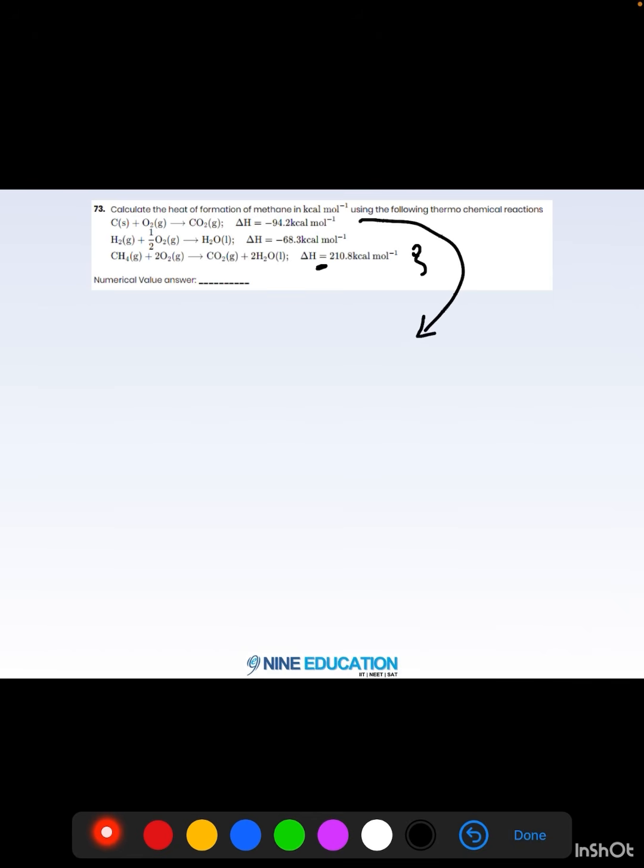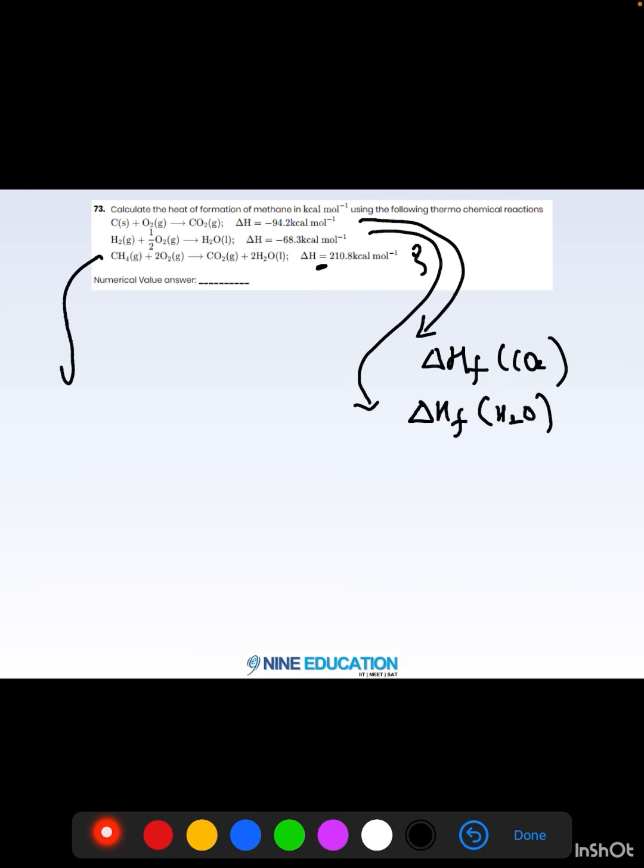So can I say that this reaction is simply a formation reaction of CO2, and whatever delta H is involved here is the delta H formation of CO2 only. Same way, the second reaction is a formation reaction of water, so whatever delta H is involved is delta HF of water only.